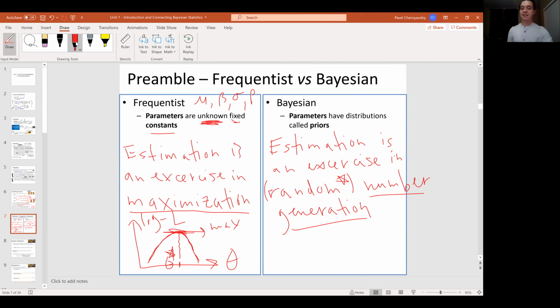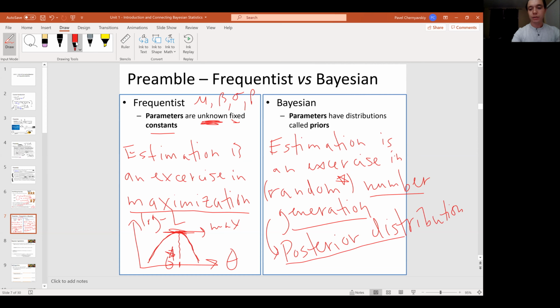But your estimates in a Bayesian world are not just a single value. Because you produce lots of parameter values, what you actually get is a distribution. So estimation produces what is called a posterior distribution, which is the distribution of your parameter after data has been observed.